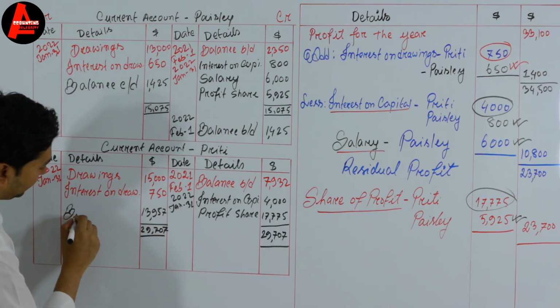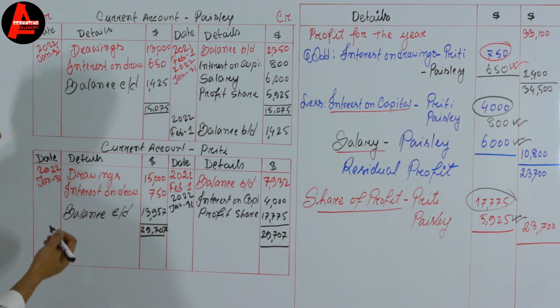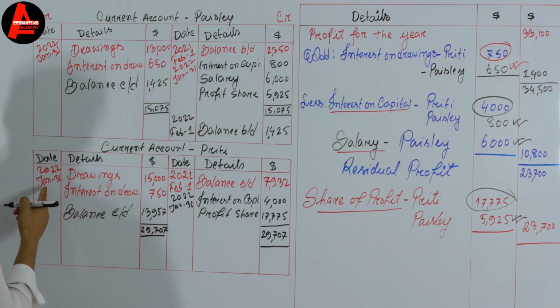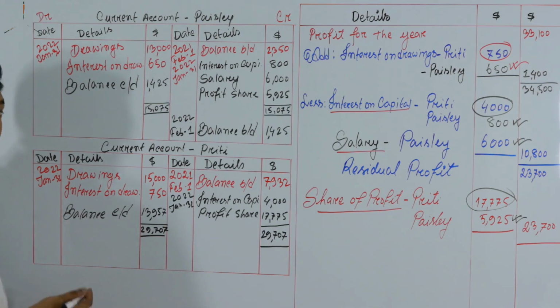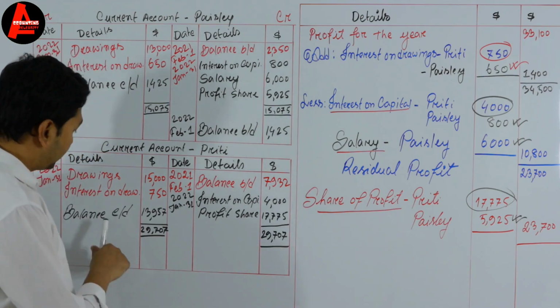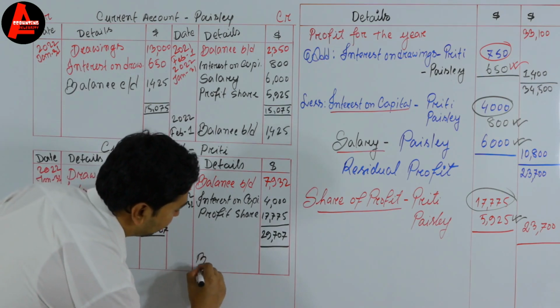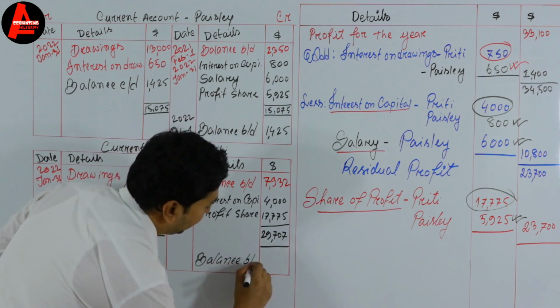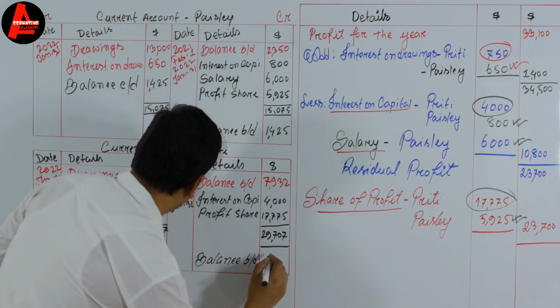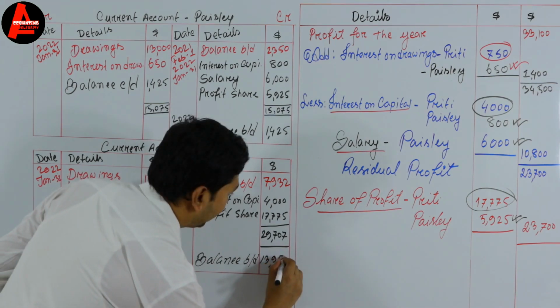So we write here balance CD. The date for balance CD is the last day, that means 31st January 2022. Now we will bring down the balance. How to bring down? We take this amount to the opposite side. Below the total, we write balance BD, meaning brought down. Here we get 13,957.